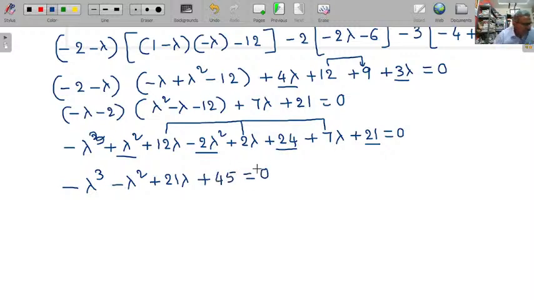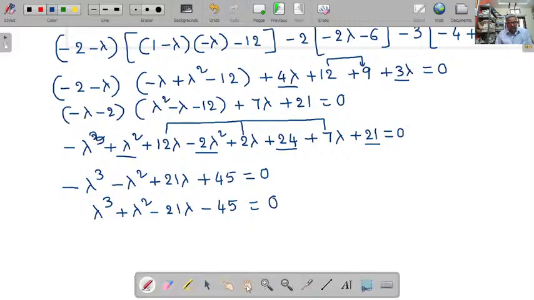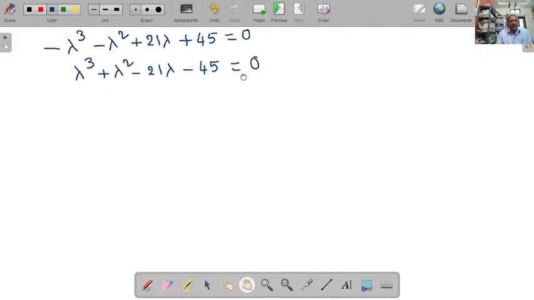Am I correct now? Multiply with negative sign, you will be getting lambda cube plus lambda square minus 21 lambda minus 45 is equal to 0. We need to solve it for the values of lambda.